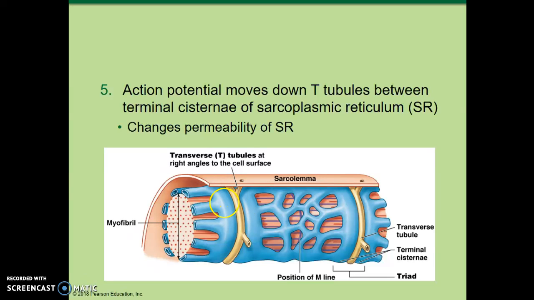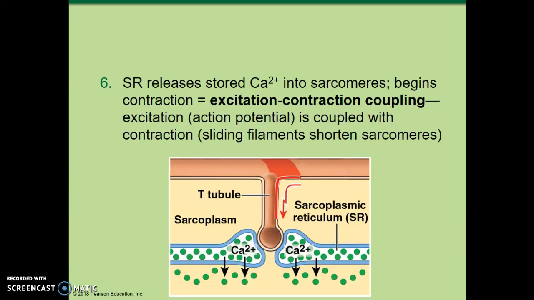So it travels down the T-tubules to the terminal cisternae of the sarcoplasmic reticulum and changes the permeability of this organelle, the sarcoplasmic reticulum. I hope you remember what is stored in the sarcoplasmic reticulum. You got it, calcium.